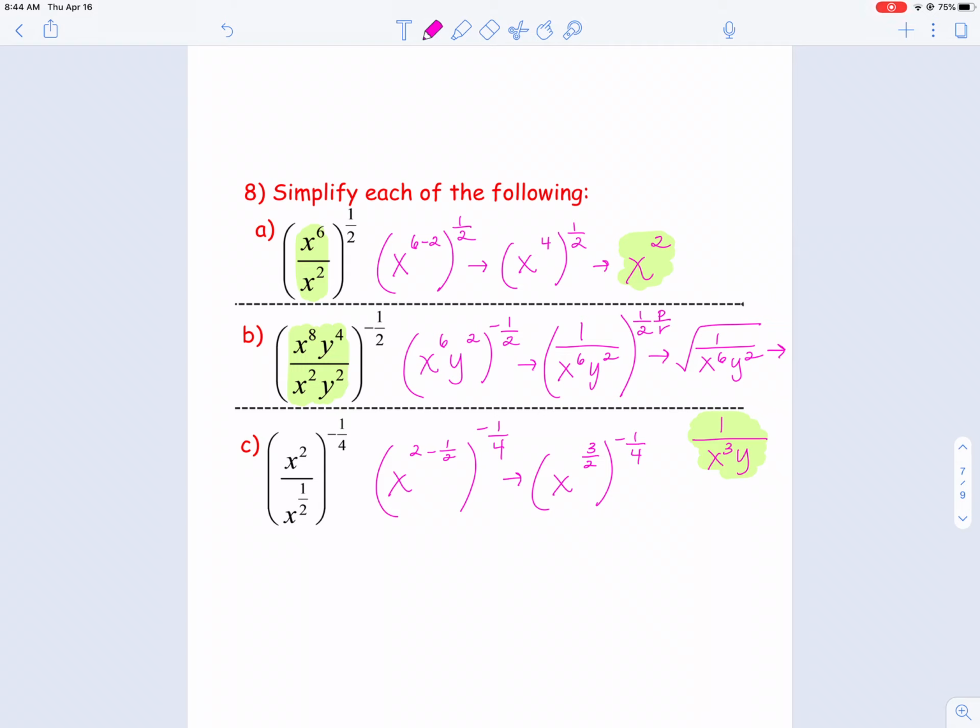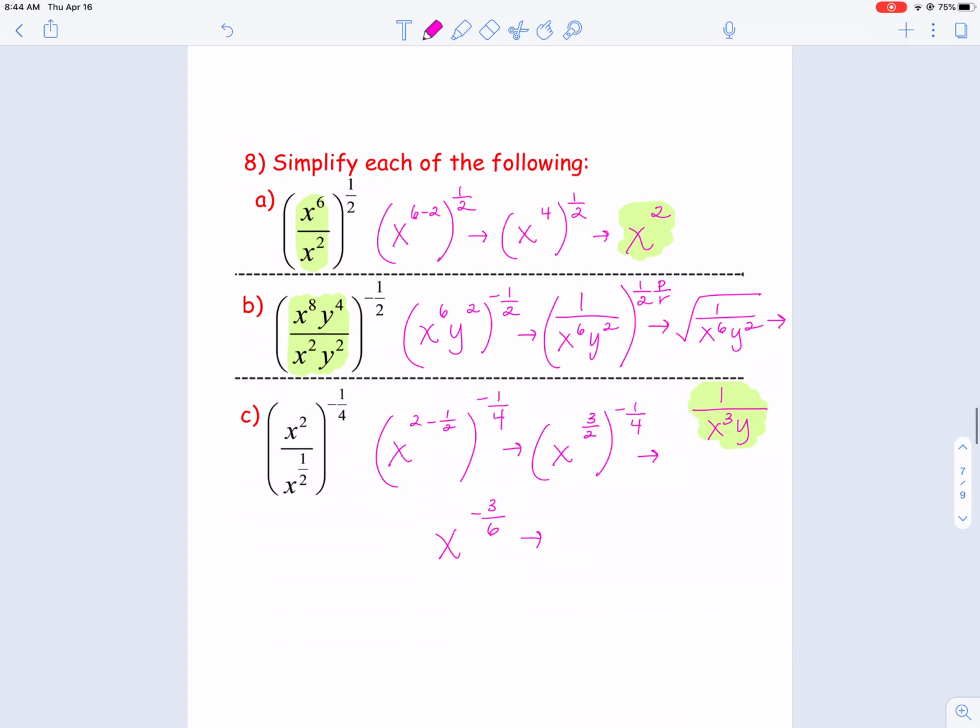Now, you could do a couple of different things. I almost think it's easier for you to multiply first. If that's a power to a power, you would get x to the negative 3 over 8, because you multiply 3 times negative 1, and 2 times 4: numerator times numerator, denominator times denominator.